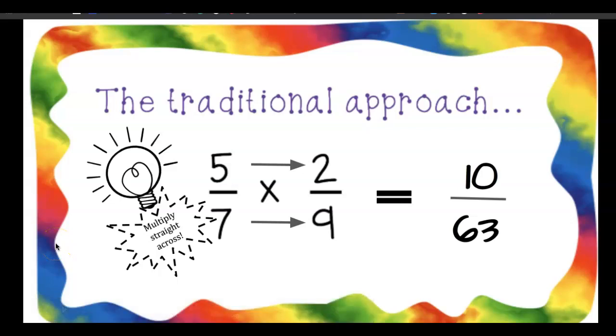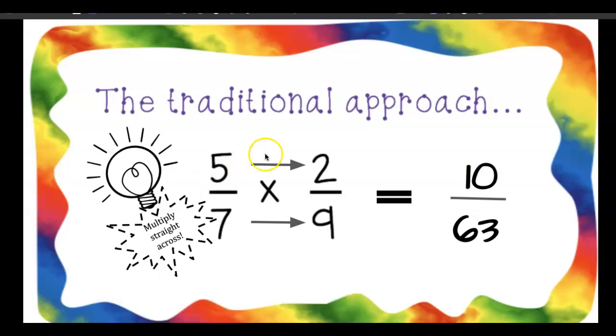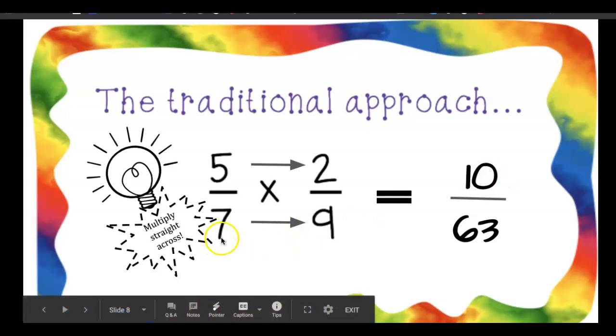The traditional approach to multiplying fractions, and the one that you will use the most often, is we simply multiply straight across. We do not have to find a common denominator. So in this case, when we have 5/7 times 2/9, I'm going to multiply 5 times 2, and I get 10, and then I'm going to multiply 7 times 9, and I'm going to get 63.